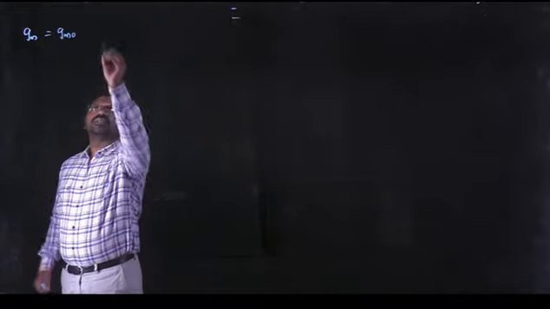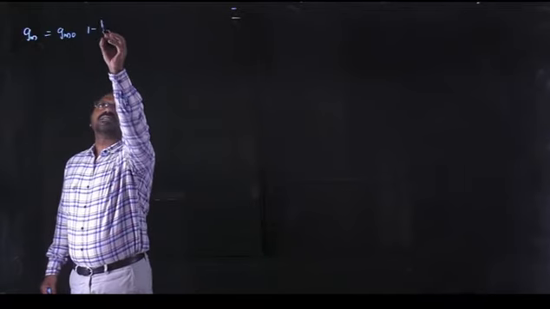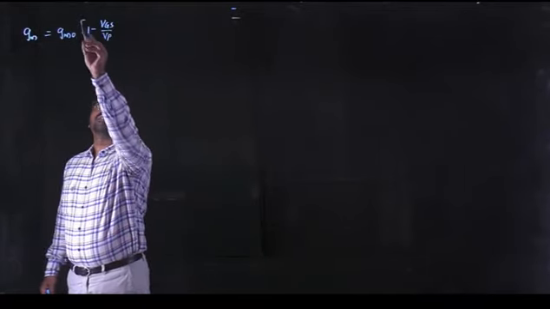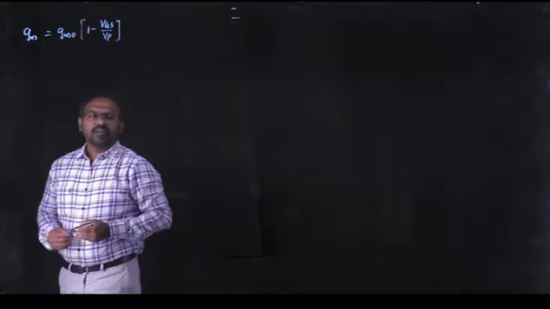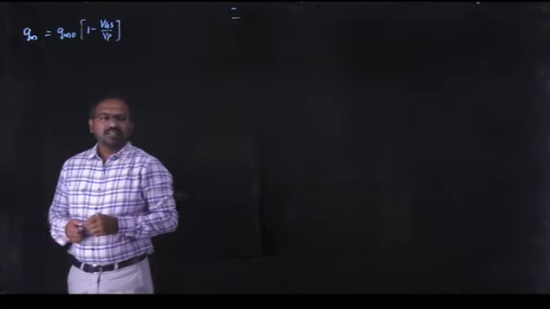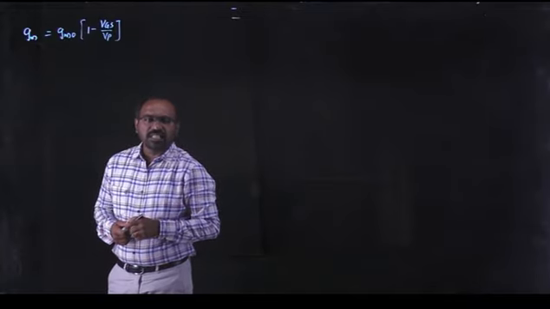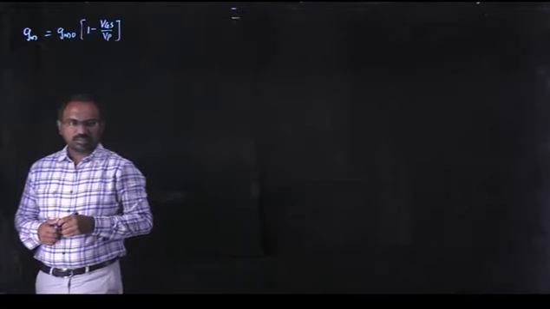So now we have derived the expression for the transconductance: Gm is equal to Gm naught into (1 minus VGS by Vp), where Gm naught is the transconductance defined at VGS equal to 0 volts.